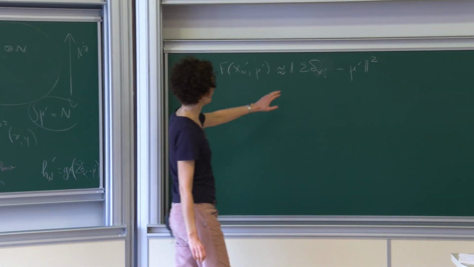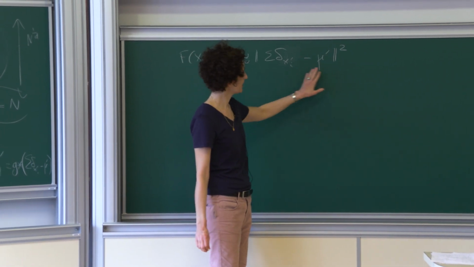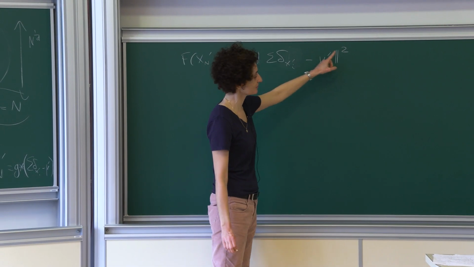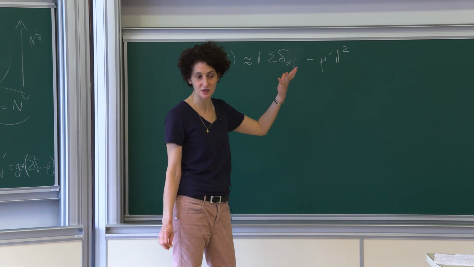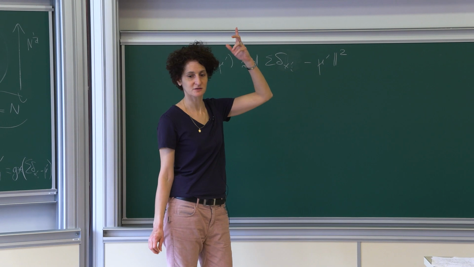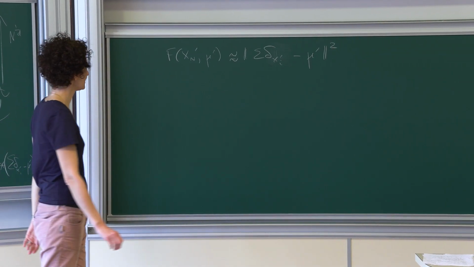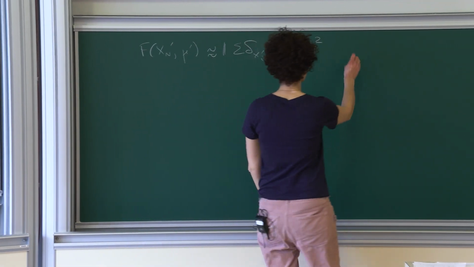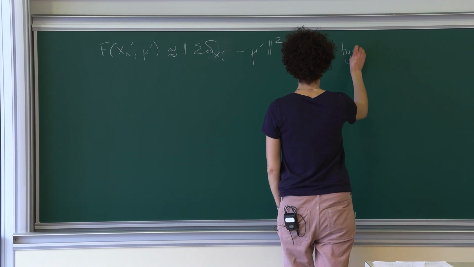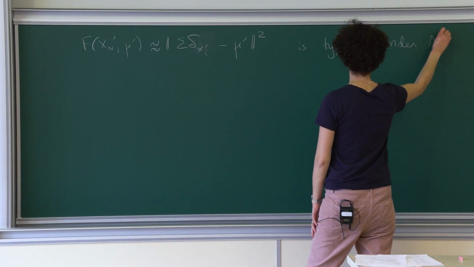Because you have n points, this is a measure of mass n, so in principle this whole thing could be of size n squared. But here we control its exponential moments by n, so we have gained something. So this thing is typically order n.